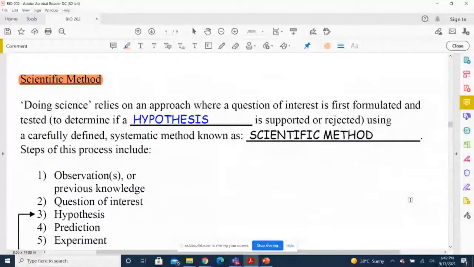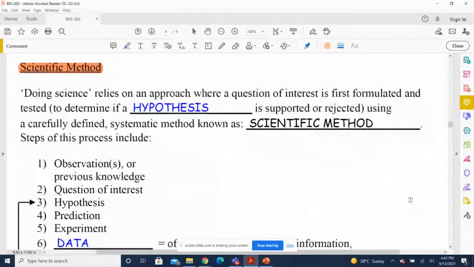The scientific method is a systematic method of approaching the process of doing science, so producing new knowledge. It aims to be a very objective, very carefully defined process, so we could eliminate a lot of errors that otherwise might come up in the process of doing science.